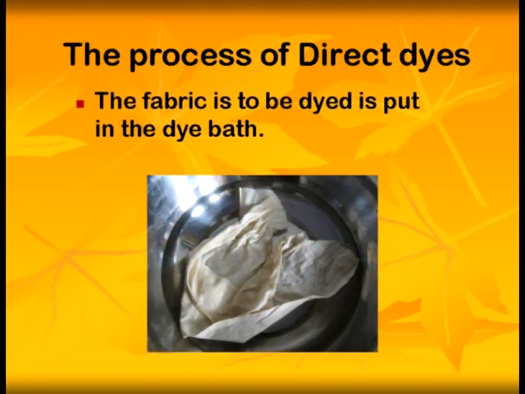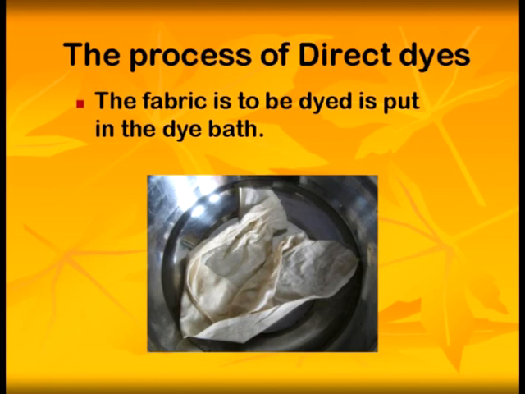After filtering, the dye is placed in a vessel which contains a small quantity of water. The dye dissolves on stirring, and more water is added to ensure that the fabric is completely immersed in it. The fabric to be dyed is then introduced into the dye bath.